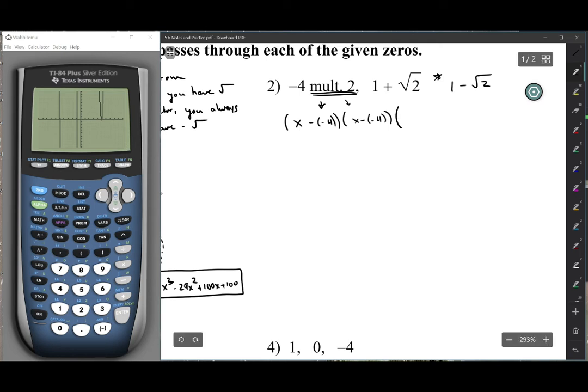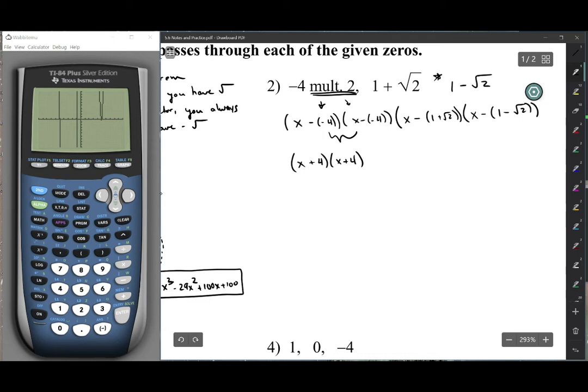So our other factors would be x minus 1 plus root of 2, and x minus 1 minus root of 2. Okay, let's rewrite these. That's simply going to be x plus 4 and x plus 4.